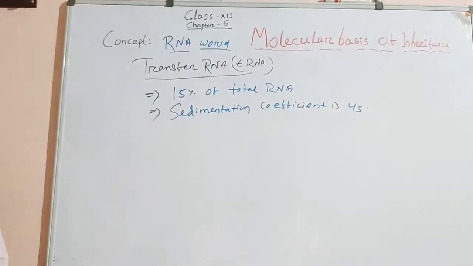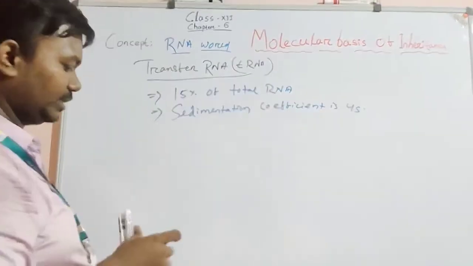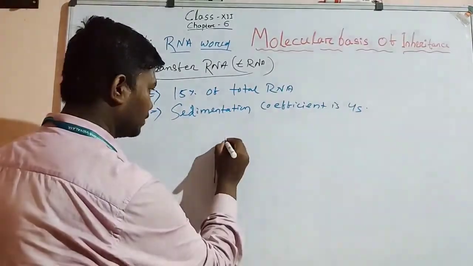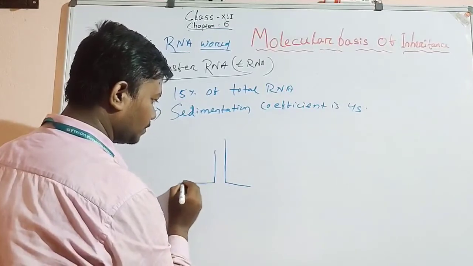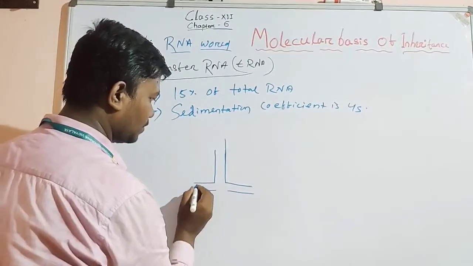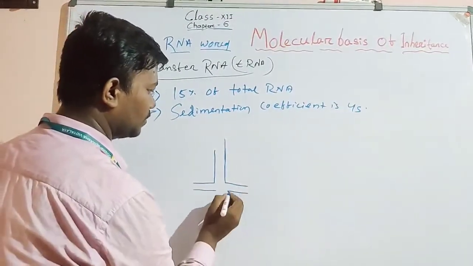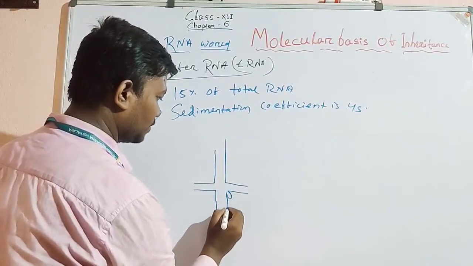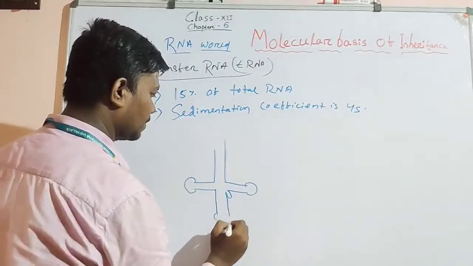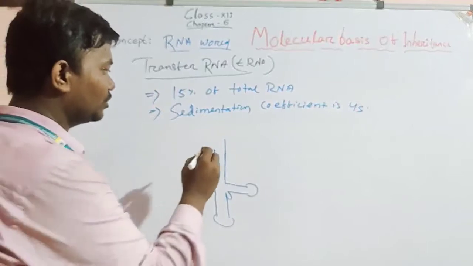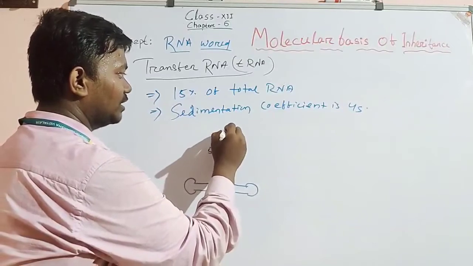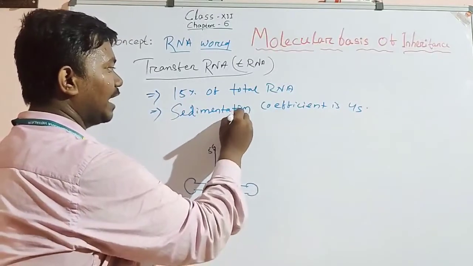Coming to the structure of transfer RNA, the 5' end of transfer RNA is a guanine base. In the 3' region, there is cytosine, cytosine, adenine with a hydroxyl group.